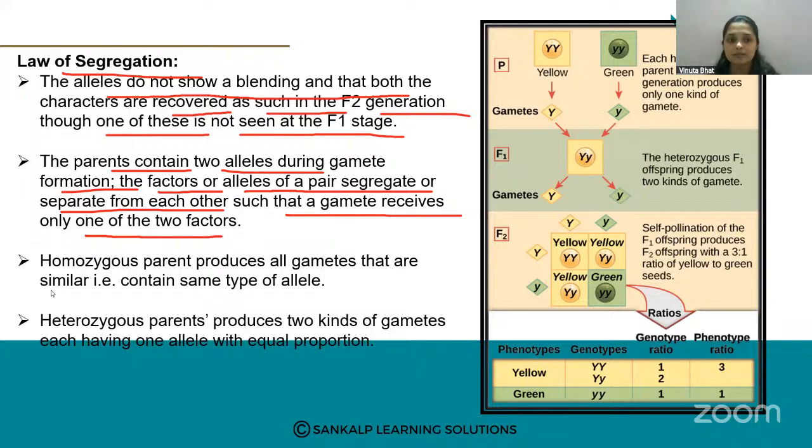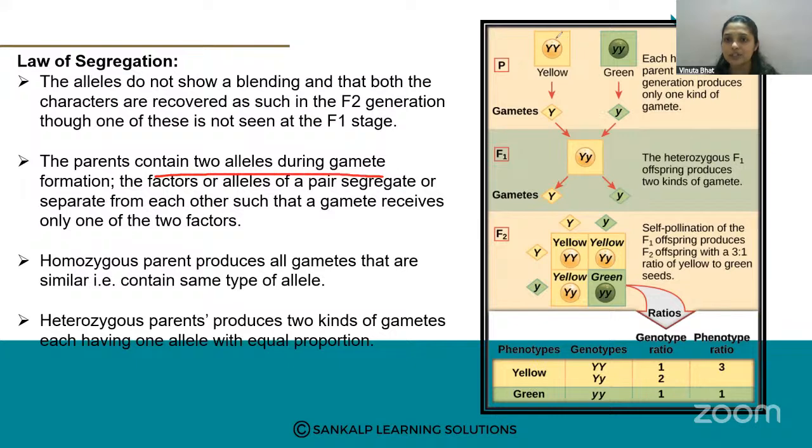So here parents contain two alleles during the gamete formation. Okay. So here during the gamete formation, so for yellow seed capital Y anta ide, haage green seedige small y anta ide. Okay, so these are the two alleles.